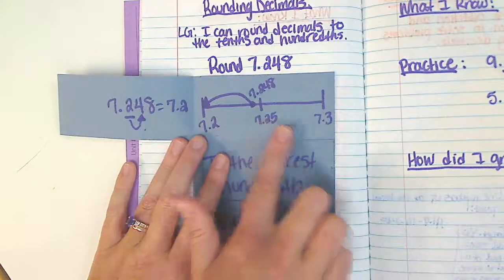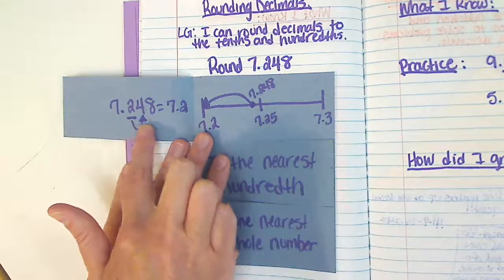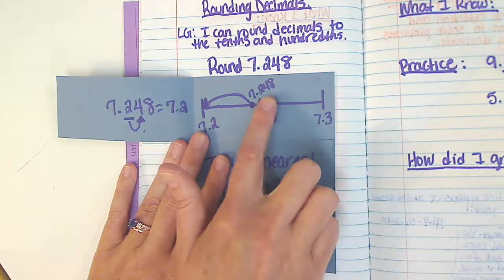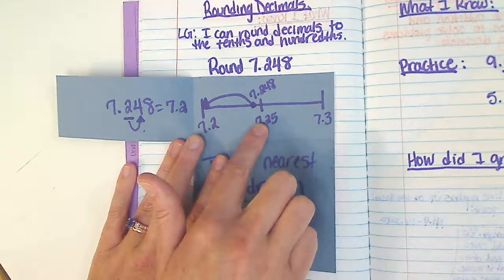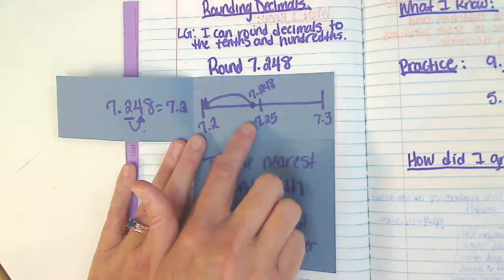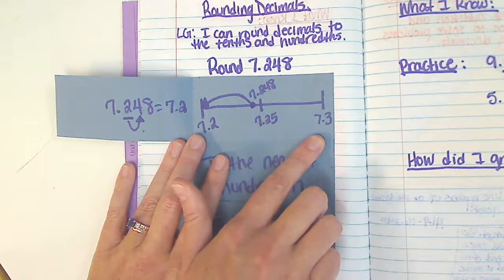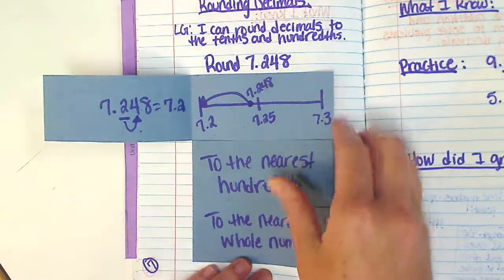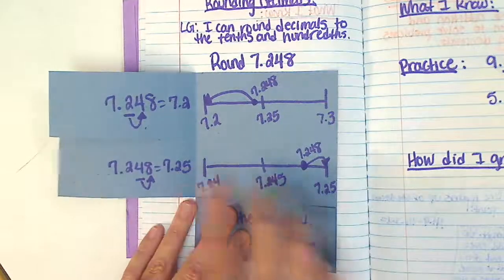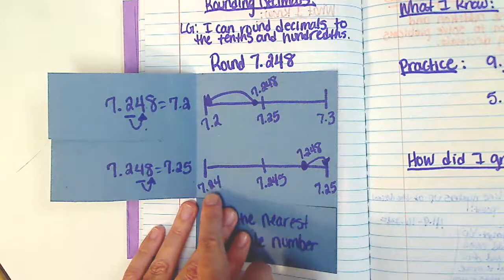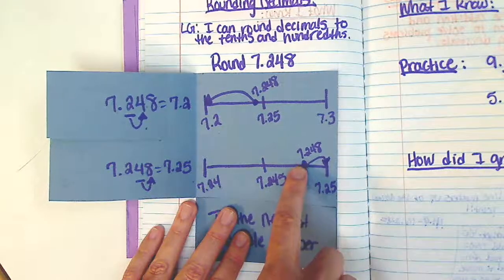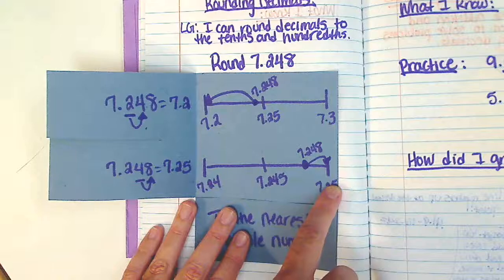I show them on a number line, or just by using the numbers next door, how to compare them. Since 7.248 falls between 7.2 and 7.3, it's going to be closer to 7.2. If we were to round it to the nearest hundredth, this time it's going to be between 7.24 and 7.25. So now it's going to round up to 7.25.